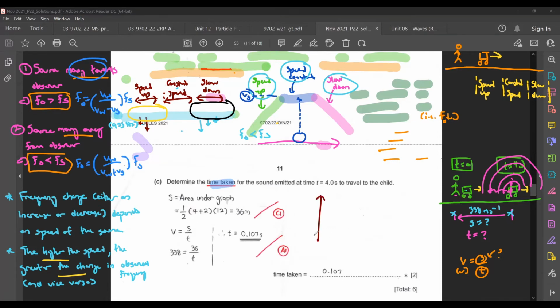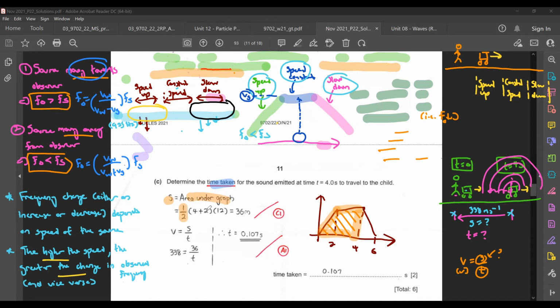The graph basically looks like this. This one was 2, this one was 4, this one was 6. The distance that has been moved by the car up to 4 seconds would actually be given by this area over here. That's why here I'm trying to find the displacement.